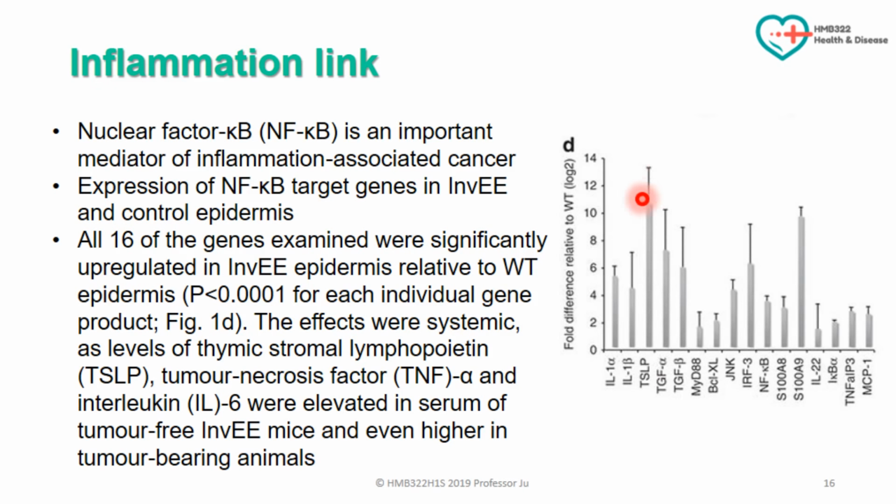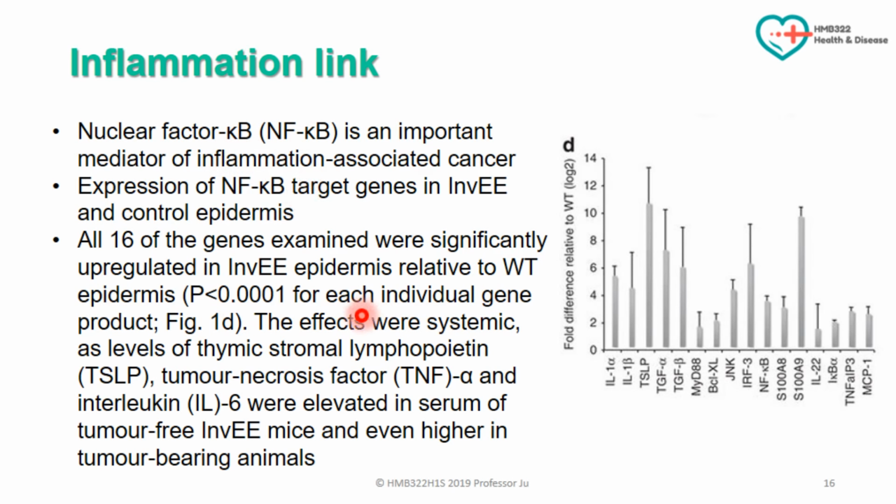So when you compare this to the wild type, after you have damaged the skin, one of the things that seems to be really evident is all of these different downstream markers that you see here can be related back to NF-kappa B, or nuclear factor kappa B, in the inflammatory pathway.